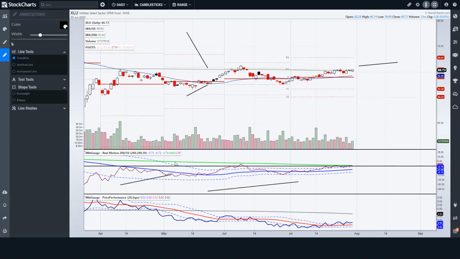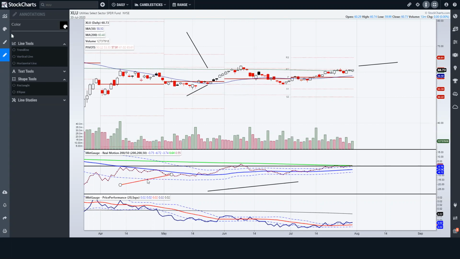Down here, we're looking at our Real Motion indicator. What that does is look at momentum. Oftentimes, not all the time, momentum precedes price. So we use a 200-day moving average as a baseline. We can change that.